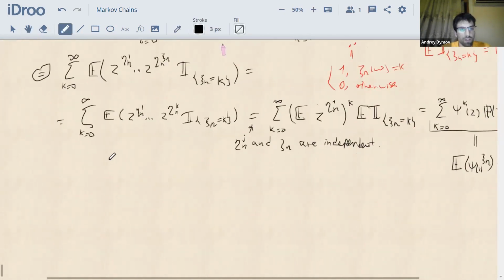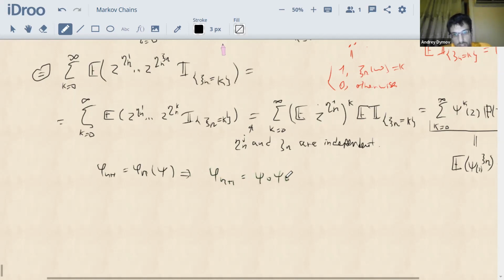We have got that phi n plus 1 equals phi n of psi, right? And then by induction, it means that phi n plus 1 equals just psi composed with psi, composed with etc., composed n plus 1 times. Okay, so this is exactly what we wanted to prove.